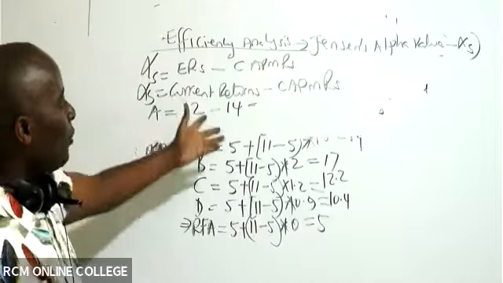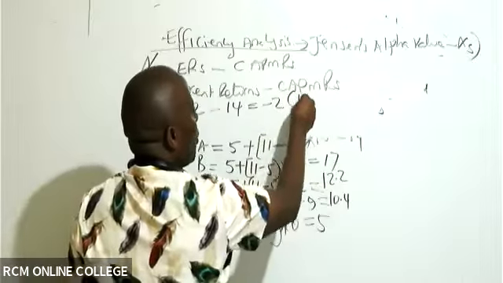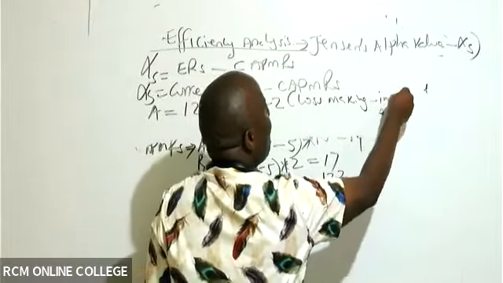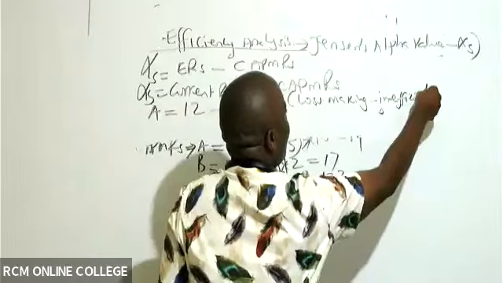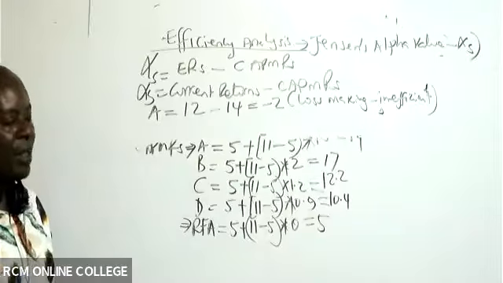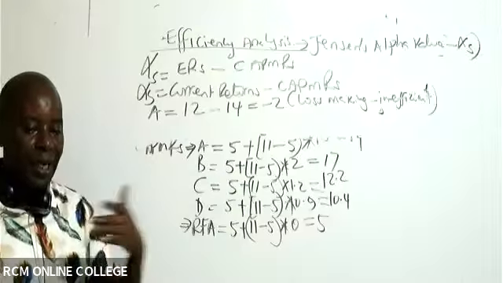What is 12 minus 14? This gives me -2. It's loss making. If it's loss making, it is an inefficient security.